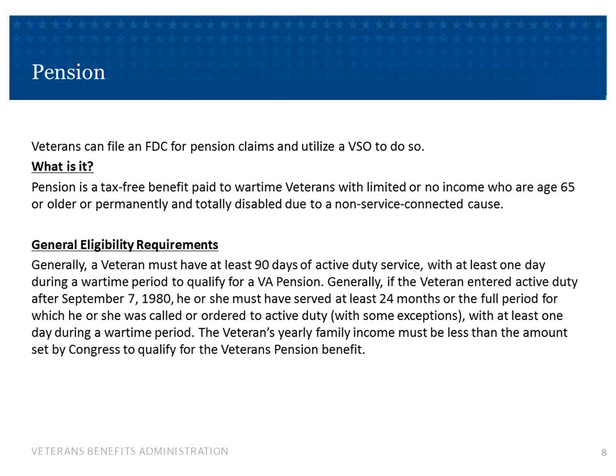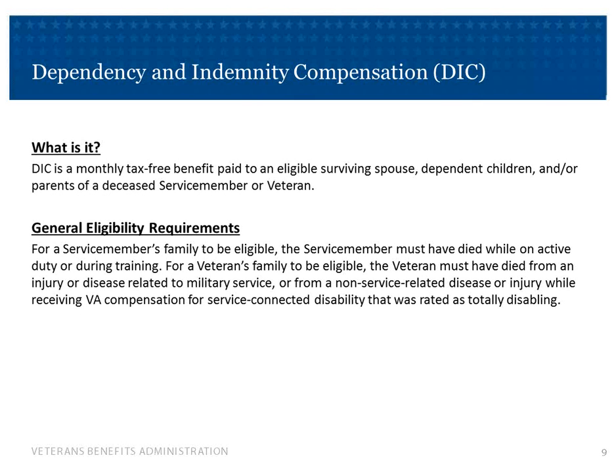To qualify for veterans' pension, a veteran must have at least 90 days of active duty service with at least 1 day during wartime. And the veteran must be at least 65 years of age or permanently and totally disabled. You can learn more about these benefits on the eBenefits website. Please check it out.